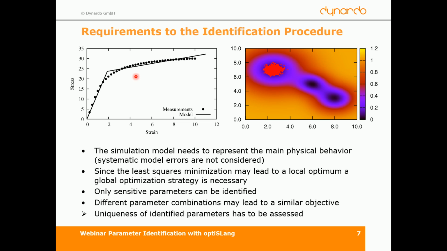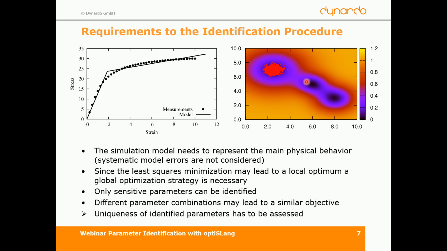And second, this identification procedure based on the least square minimization will lead to the objective function shown before, and this has to be minimized. This may have several local optima, and therefore we need in most cases an optimizer which has the possibility to find the global optimum, not some local optimum.